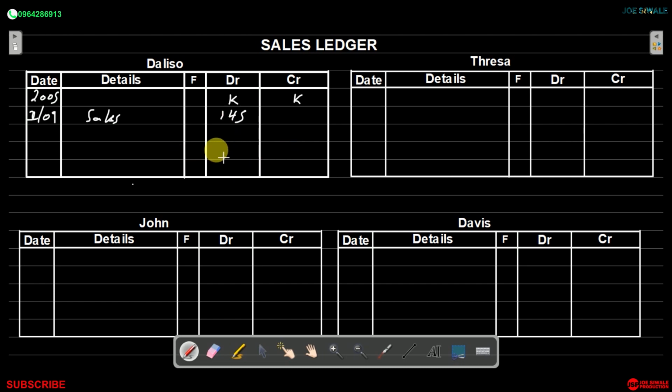So our total there is going to be 145, and there 145. So we can say our balance carried down is going to be shown on the credit side as 145. Then the balance brought down is going to be shown on the debit side as 145.